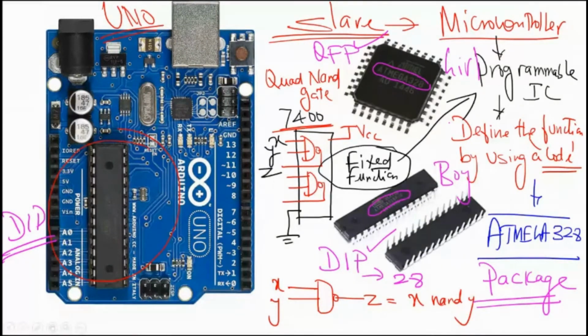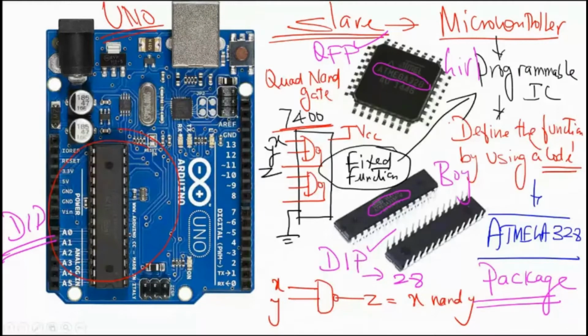It means the functionality, what is the job of the IC, is not fixed by the manufacturer. It is fixed by the user of the IC. How does the user define the functionality of the IC? By developing a small program. So by writing a small code or program, I define the functionality of the IC.